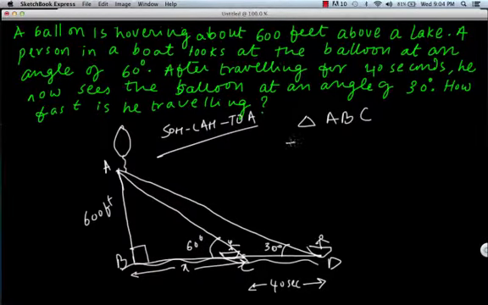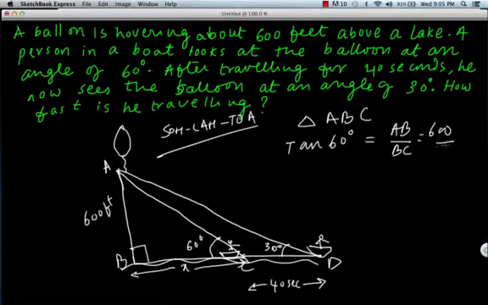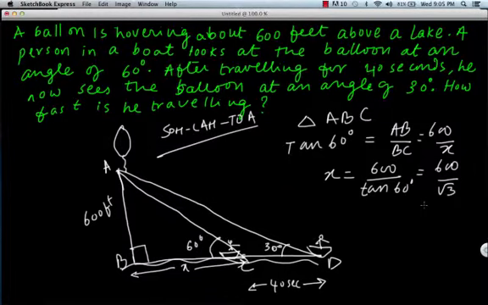So tan 60 is equal to AB by BC, which is 600 by x. So x is nothing but 600 divided by tan 60, which is 600 by root 3, which is nothing but 200 root 3. So we have calculated x to be 200 root 3.